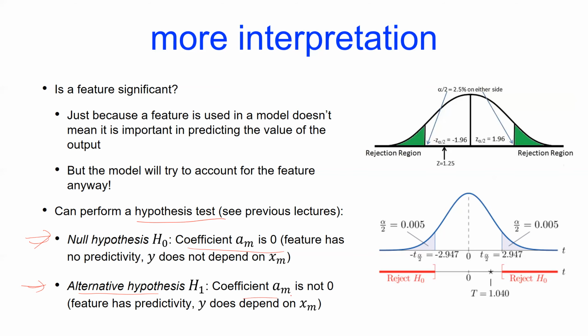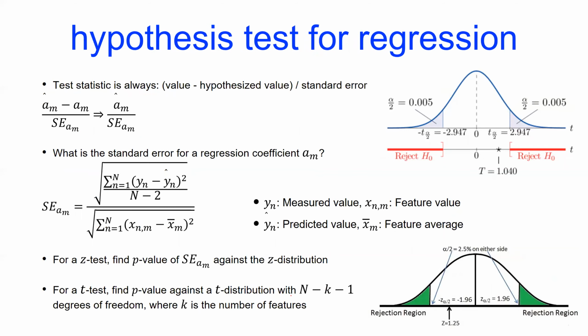And after you create this, the general philosophy is almost exactly the same as what we did before, but there's only a tiny difference here, which is how we calculate the standard error. Let's pretend we already know how to calculate our standard error. Then what you need to test is simple: you take your actual a divided by the standard error.